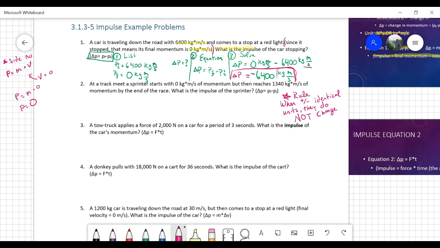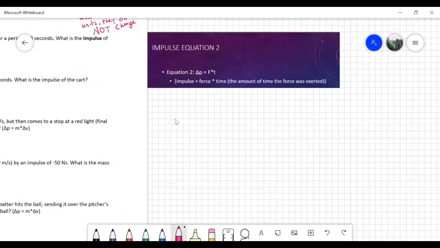Nice. Alright, I'm going to skip number 2 because I think you guys will be able to handle this type of thing. You're just adding and subtracting. So let's look at this equation now.